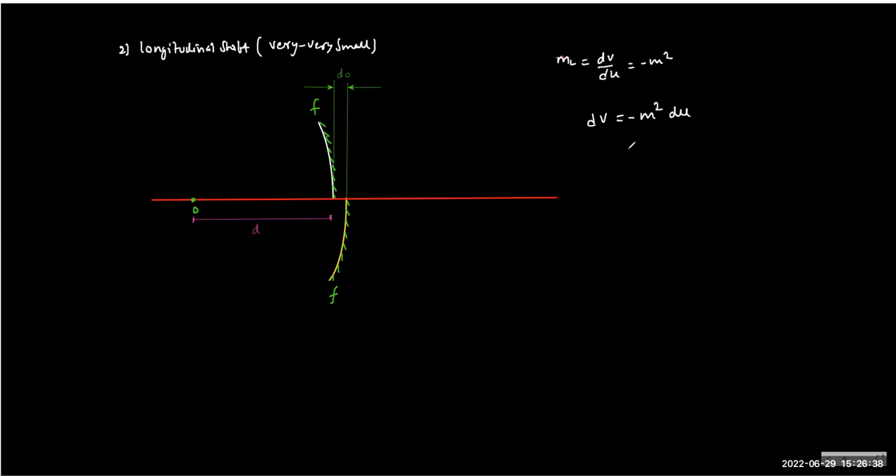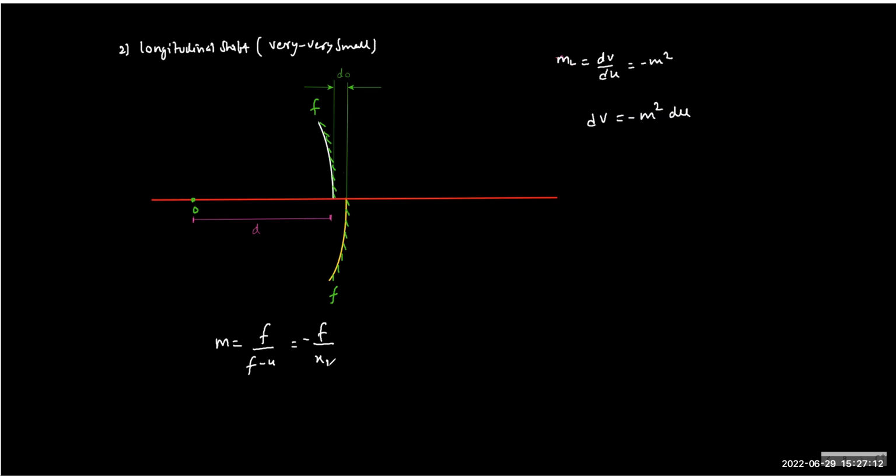And while calculating the linear magnification, we can consider it to be a single point and single mirror, ignoring the d naught value because that's anyway very small. So the magnification is f upon f minus u, or you can say f upon the distance from the focus.